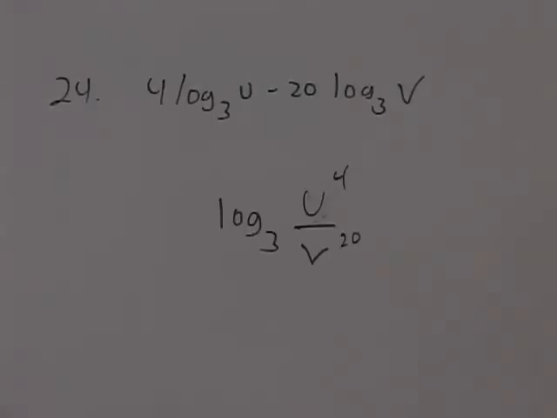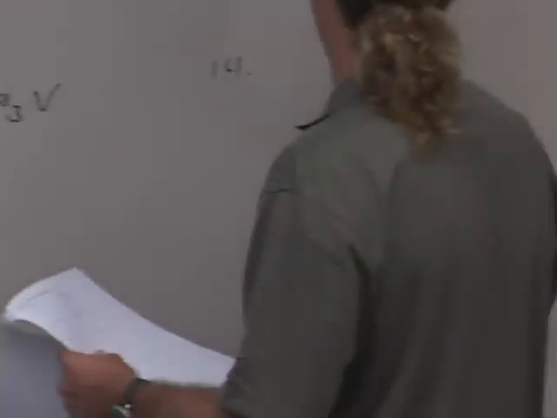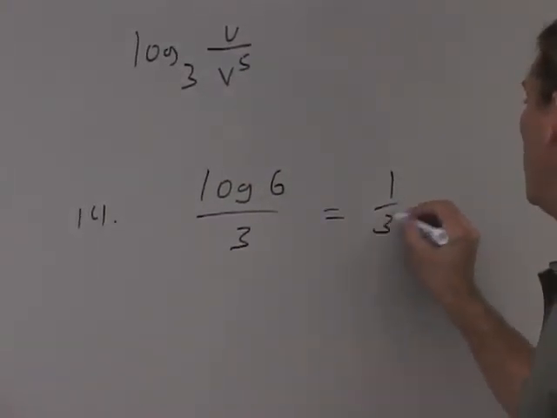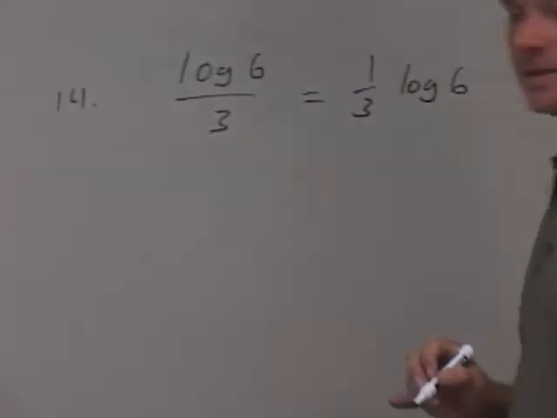How do you do the ones like 14? 14, sure. I had log 6 over 3, which I'm going to rewrite as 1/3 times log 6. Is that okay?